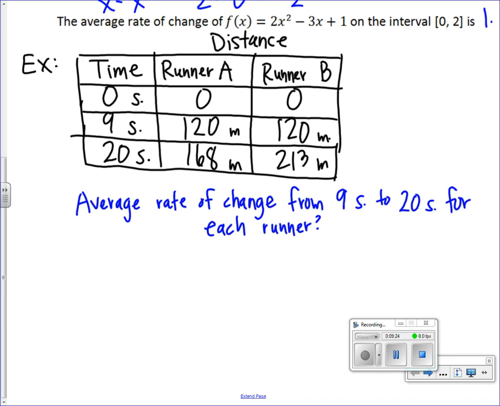So what was the average rate from 9 to 20 seconds of each runner? We obviously know who's running faster. Runner B. So we know his rate will be a faster rate than runner A, right?